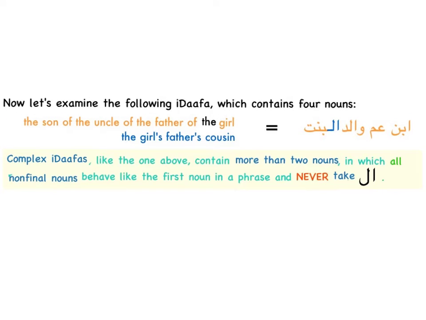So complex إضافات, like the one above, contain more than two nouns, obviously, in which all non-final nouns behave like the first noun in a phrase and never take alif lam, never definite. Case in point, al-bint, but ibn, am, walid, all stayed indefinite without alif lam.